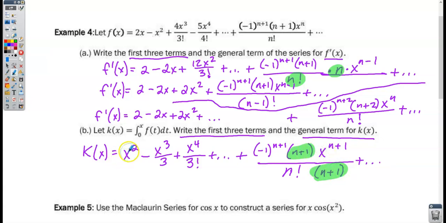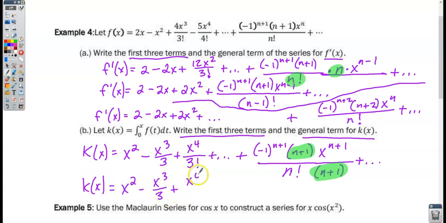And if we want this to be the 0th term, then this needs to be 2 when n is 0. So we need to adjust by adding 1 to all of the remaining pieces in this general term, all of those n factors of the general term.